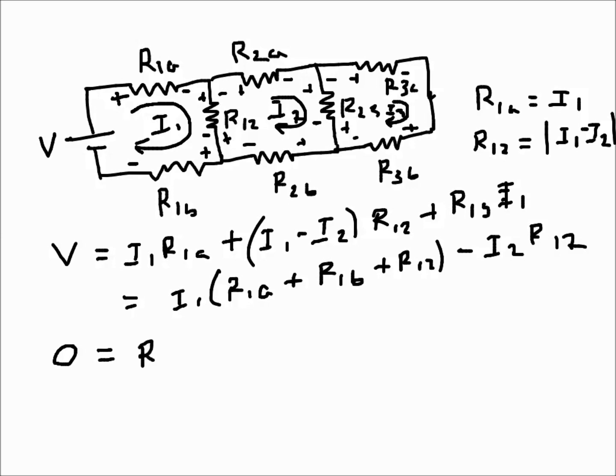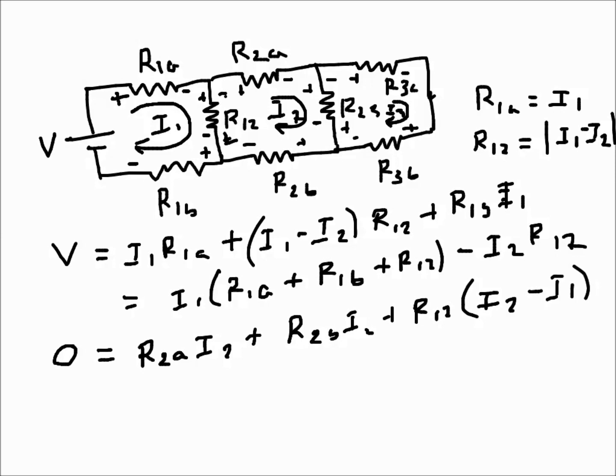So R2A times I2 plus R2B I2 plus R12 here, since the drop is plus here and minus over there, so I2 minus I1, plus R23 times I2 minus I3.